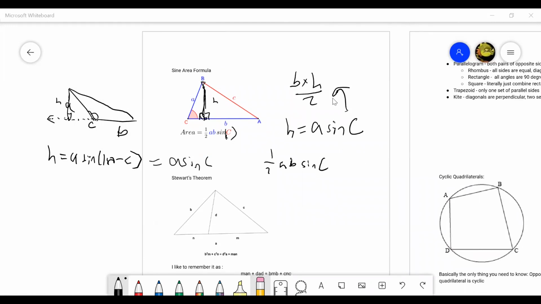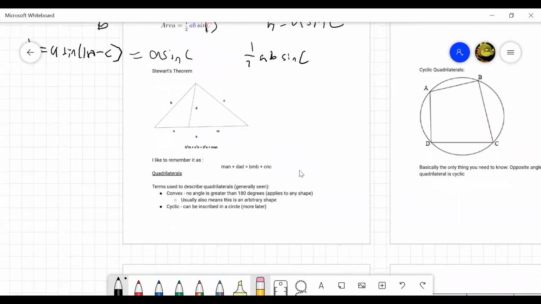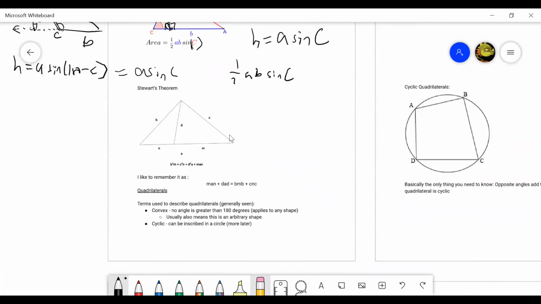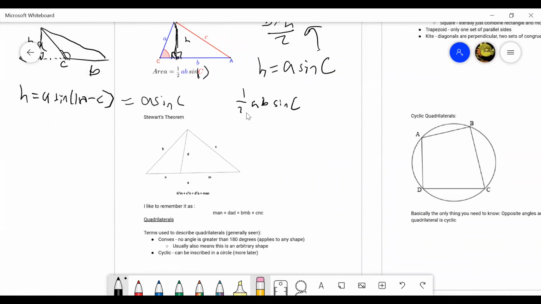Okay, well, next up is Stewart's theorem, and this one can sometimes, if you're looking for it, solve problems directly. For any triangle, so this is just an arbitrary triangle, I label the side lengths as so, where the full bottom side length is A, and N and M are the two segments that are divided at this point.